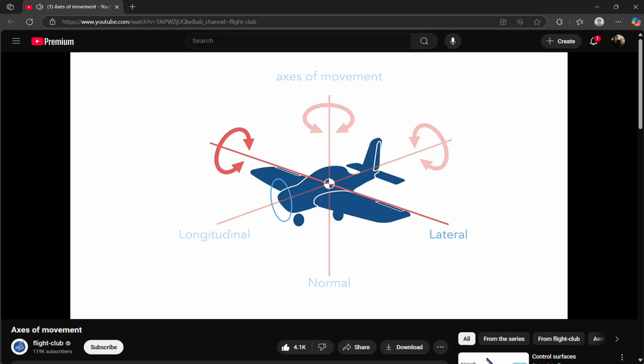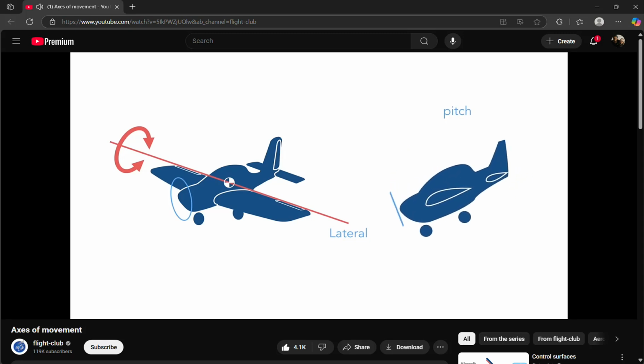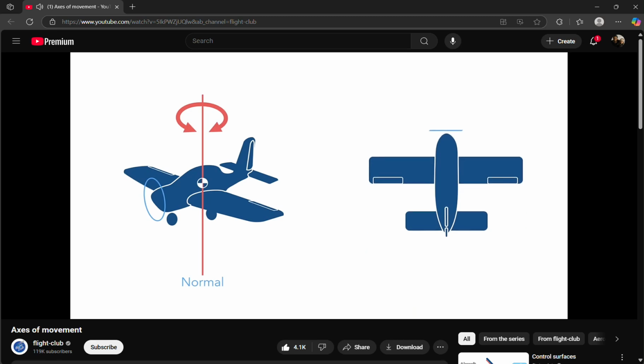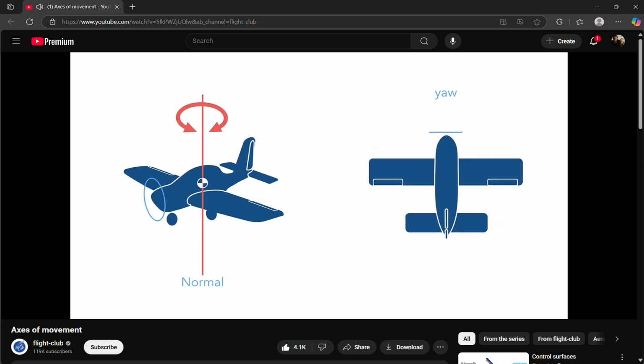Let's look at each individually. The rotation about lateral axis is called pitch. This movement changes the vertical direction of the aircraft's nose. The rotation about normal axis is called yaw. This is the movement of the nose of the aircraft from side to side.